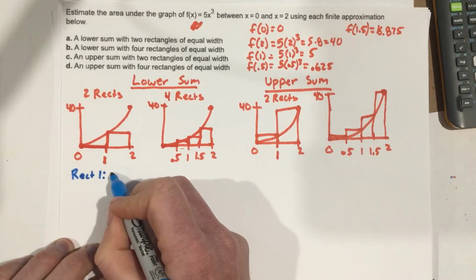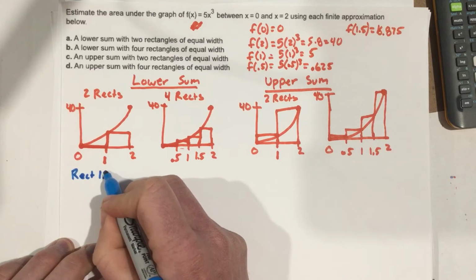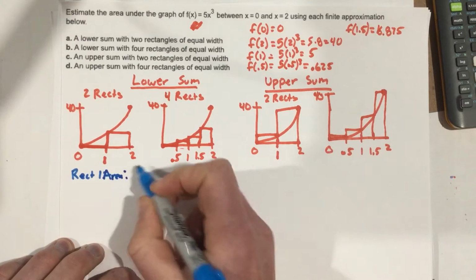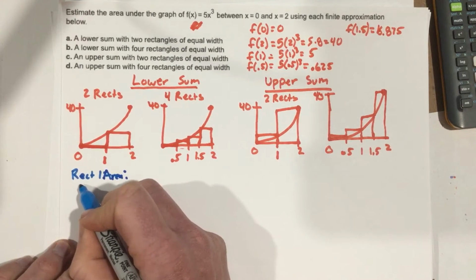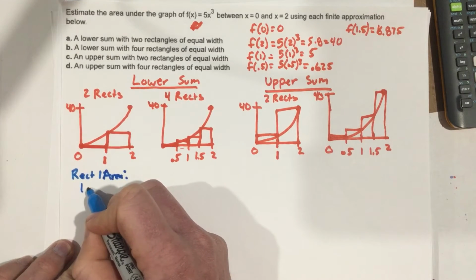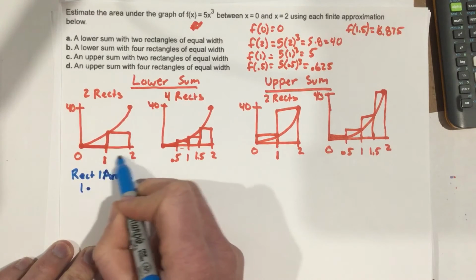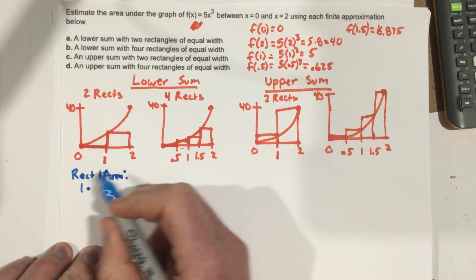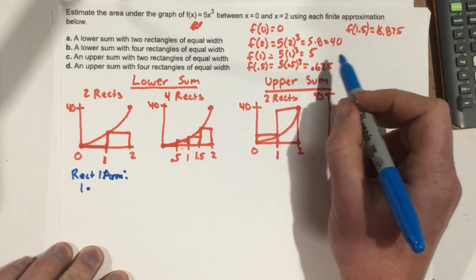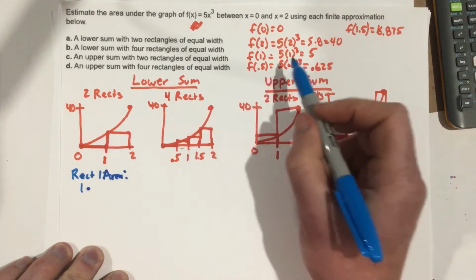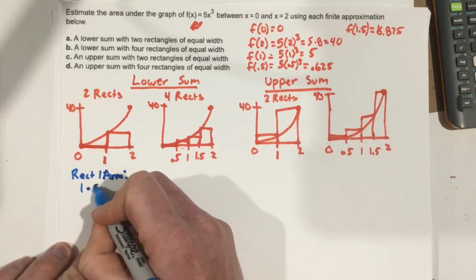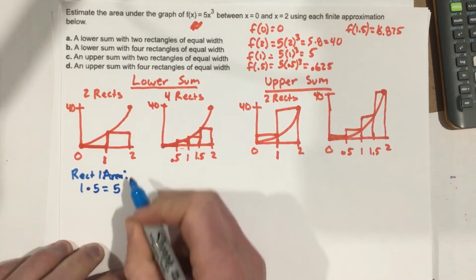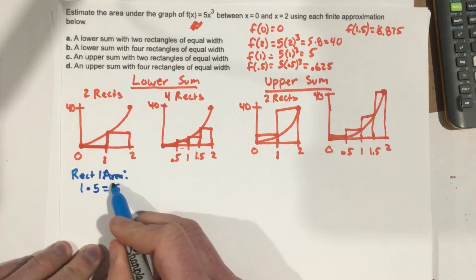So area, rectangle 1, is 1 times f of 1, 1 times 5, which equals 5.